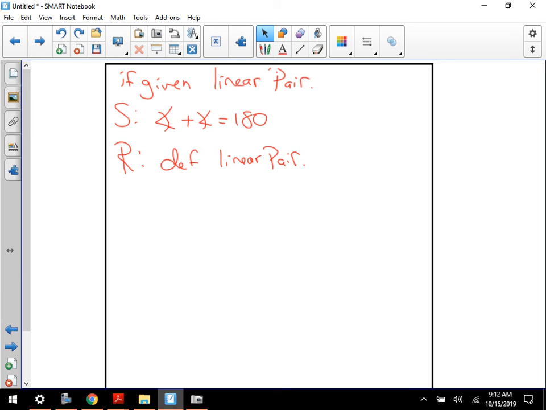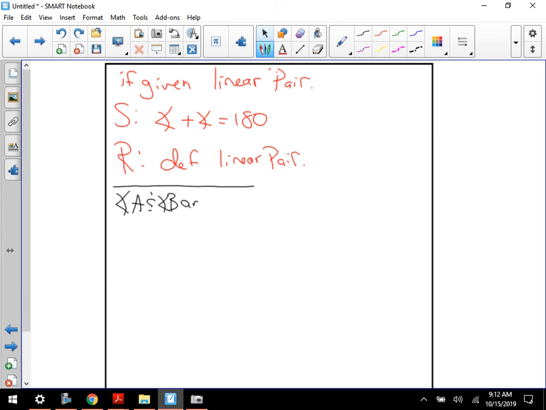So example-wise, it could be angle A and angle B are a linear pair.